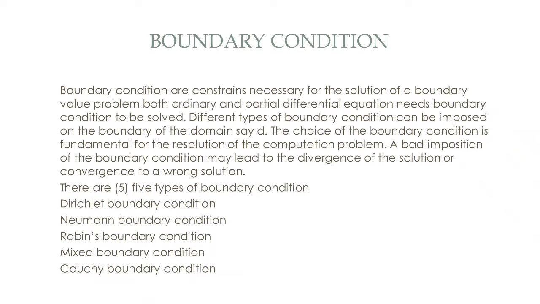There are 5 types of boundary condition. First is the Dirichlet boundary condition. Second, Neumann boundary condition. Third, Robin boundary condition. Fourth is mixed boundary condition. And the last one is Cauchy boundary condition.